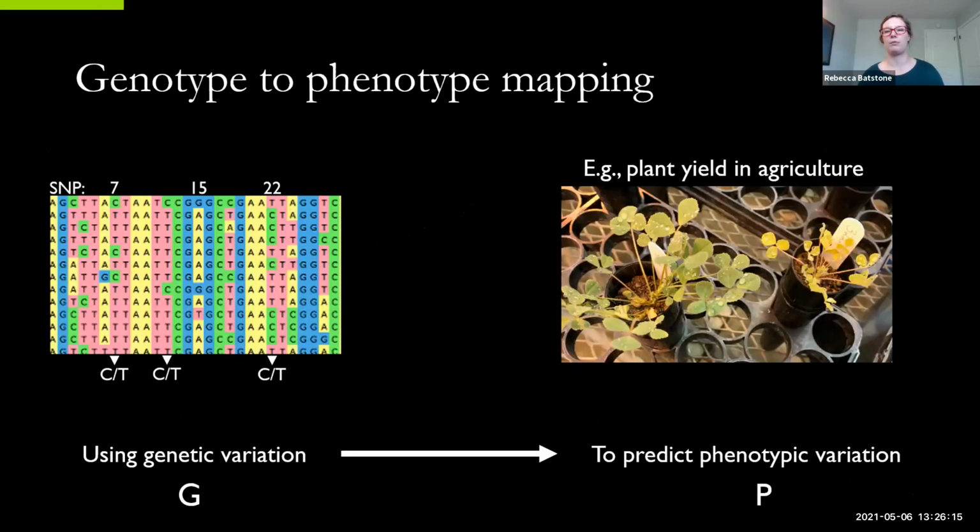So a well-established approach for predicting how traits evolve generally involves statistically testing for the association between genetic variation, for example, whether an individual possesses a C or a T at locus 7, and phenotypic variation in traits of interest, such as plant yield in agriculture. In doing so, we're essentially mapping the genetic basis of important phenotypes by building a genotype to phenotype map.